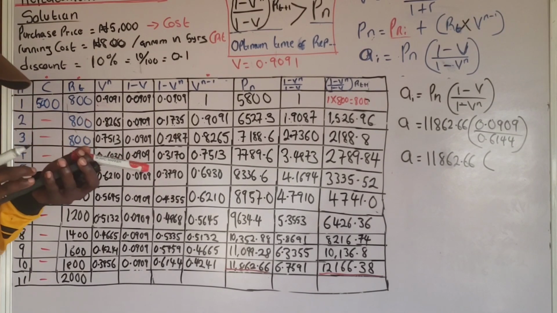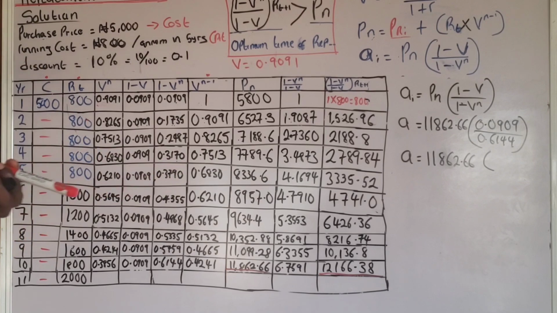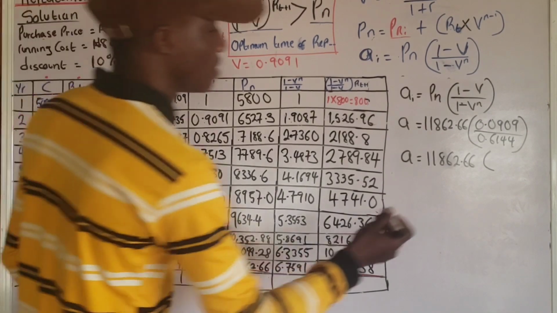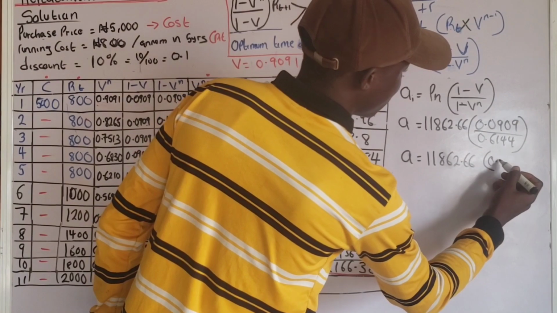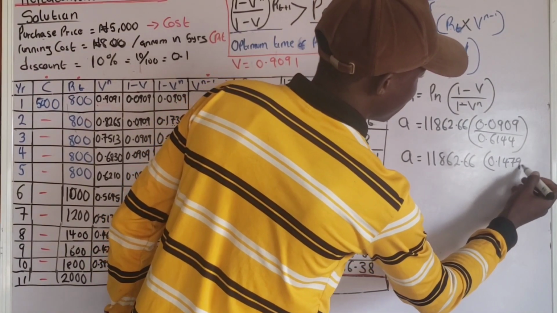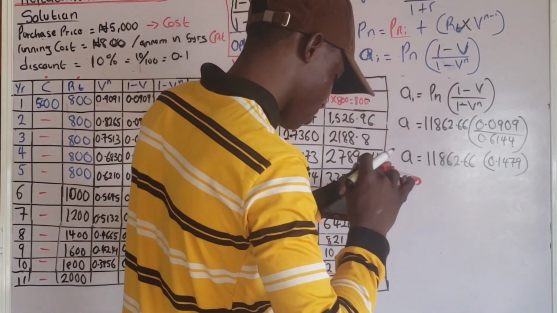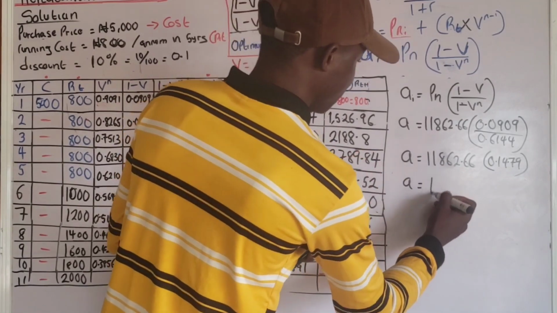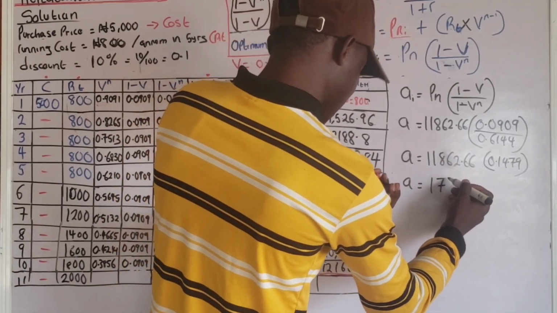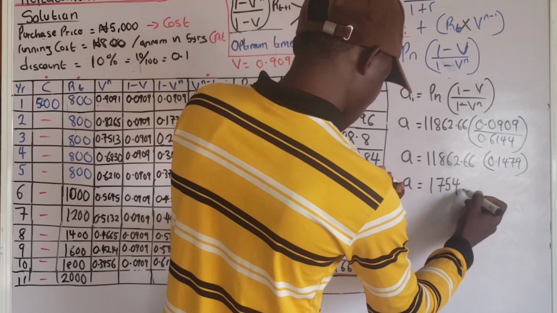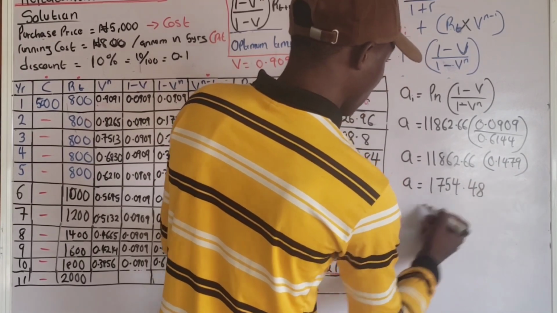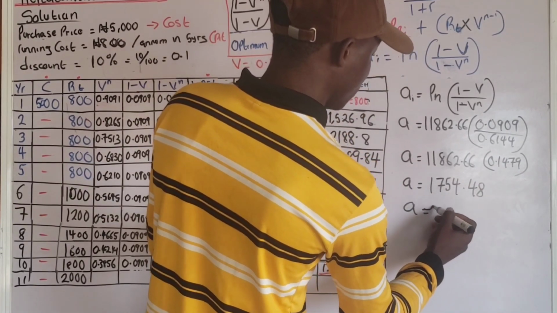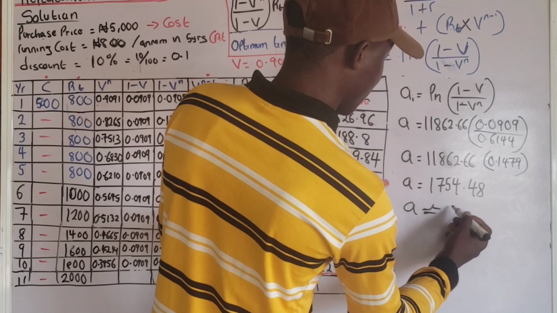That is 0.1479. Take the product, that is 1,754.48.